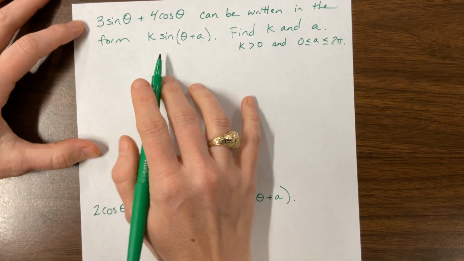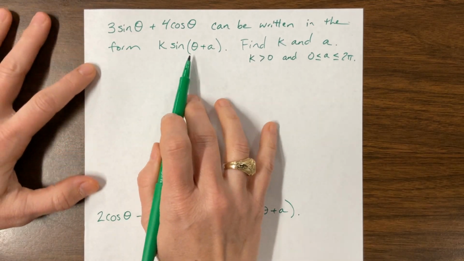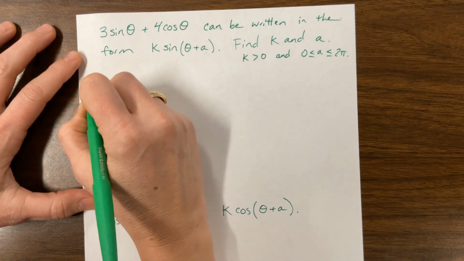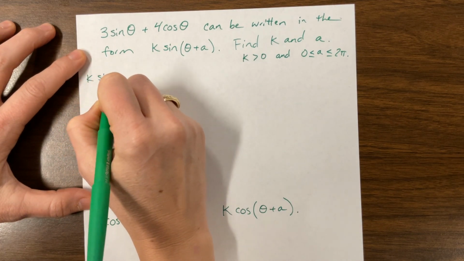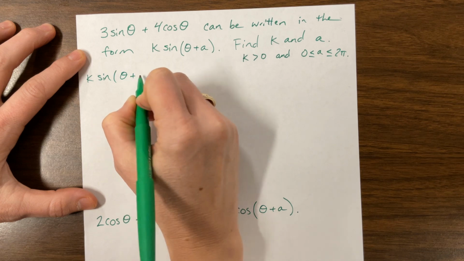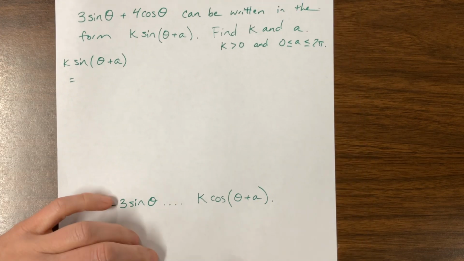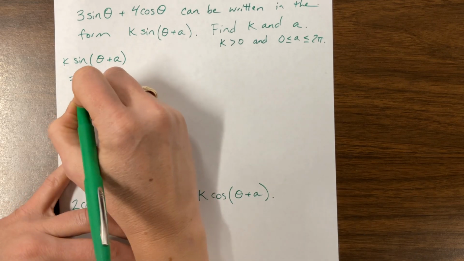What I would suggest we do is start with an identity that will let us expand this out. So k times sine of theta plus a is going to be equal to, this is the sine one, what I remember is sine, cosine, cosine, sine with the same sign.